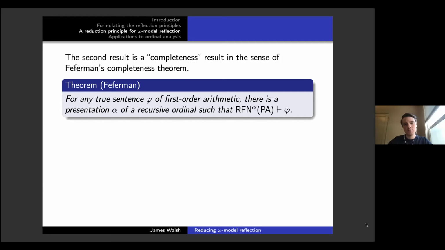This is called a completeness theorem because it shows that iterated reflection is complete in a certain sense. I mentioned before that people have been interested in studying the hierarchies of theories that you get by iterating reflection principles, and this is one of the central results in that area. So we want to prove something like this. We want to show that iterated reflection principles are complete in some sense.